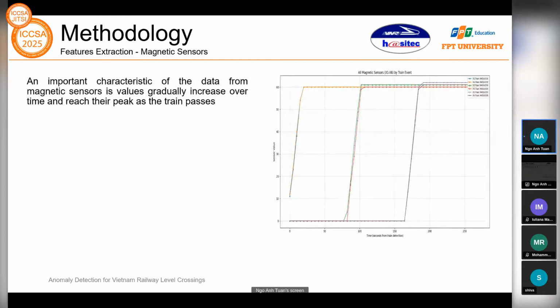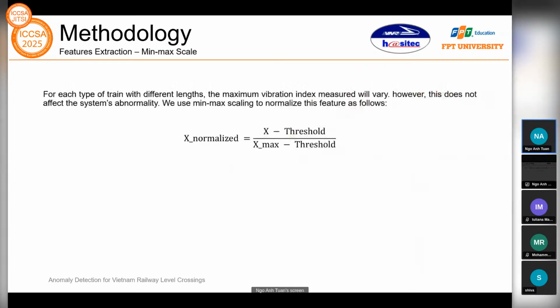And with the magnetic sensor, an important characteristic of data from magnetic sensors is that the value gradually increases over time and rapidly as the train passes. Feature extraction with min-max scaling for each type of train with different lengths.